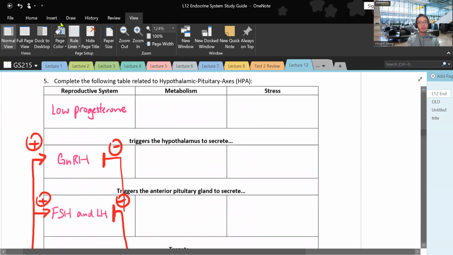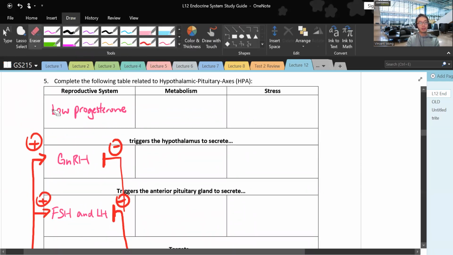For metabolism, initially, rather than having low progesterone, we're going to have low metabolism. And the reason we have low metabolism is because we have low T3, T4. These are the thyroid hormones that help regulate metabolism.